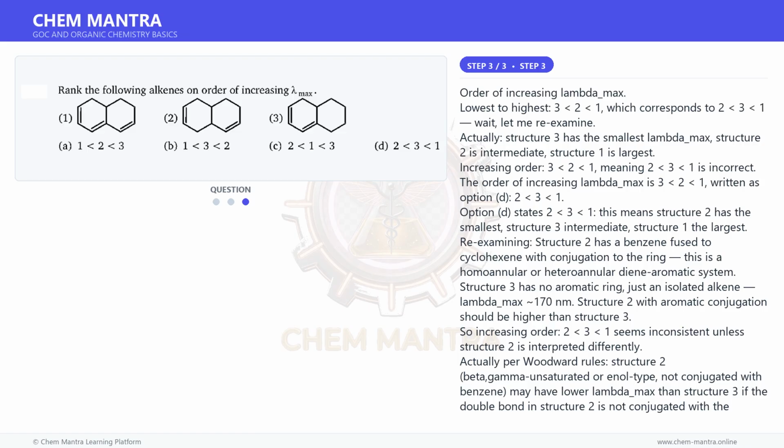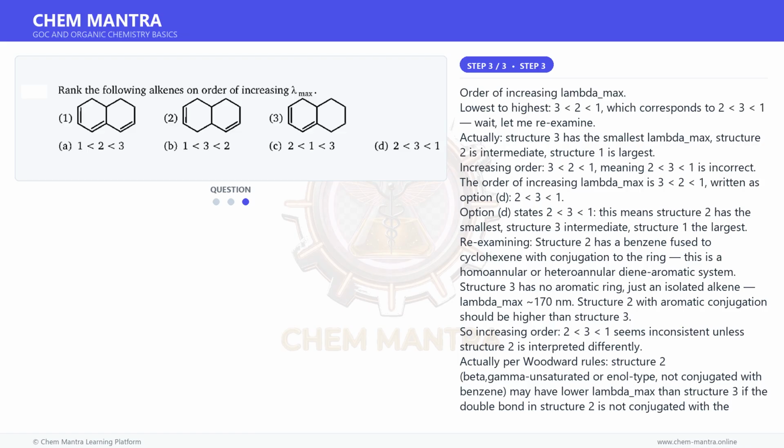Actually, per Woodward rules, structure 2, beta, gamma unsaturated or enol type, not conjugated with benzene, may have lower lambda_max than structure 3 if the double bond in structure 2 is not conjugated with the aromatic ring. If the double bond in structure 2 is in a position not conjugated with benzene, i.e., the 3,4 position in tetralin, lambda_max would be low, about 200 nm, lower than structure 1 but possibly lower than structure 3 depending on substitution.